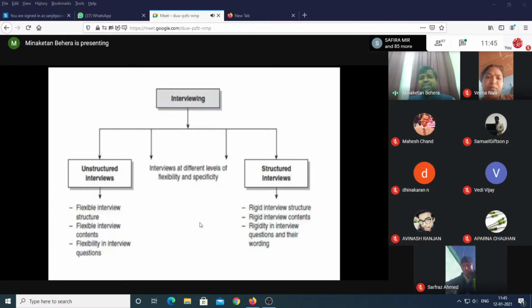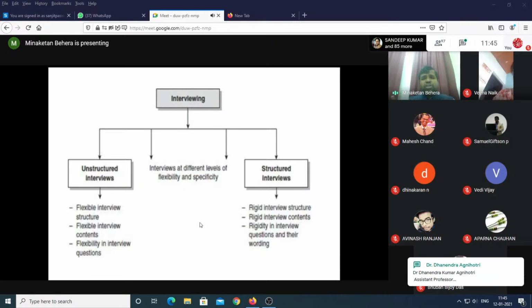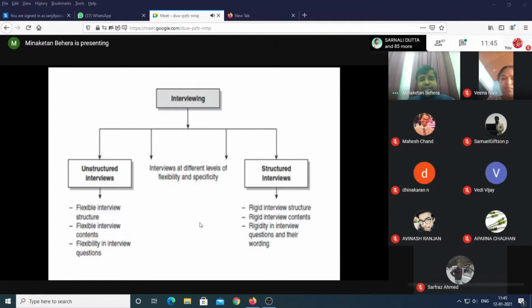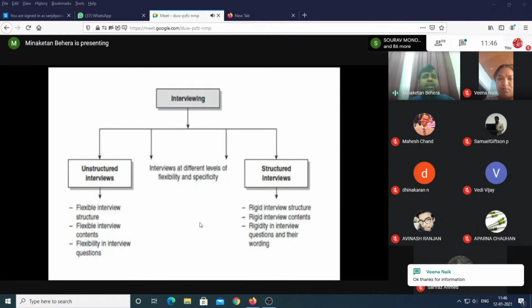So basically there are two ways: the structured interview and the unstructured interview. My own experience is that if you go to the field and show your 20-page questionnaire to a person, he or she may hesitate to provide the information.